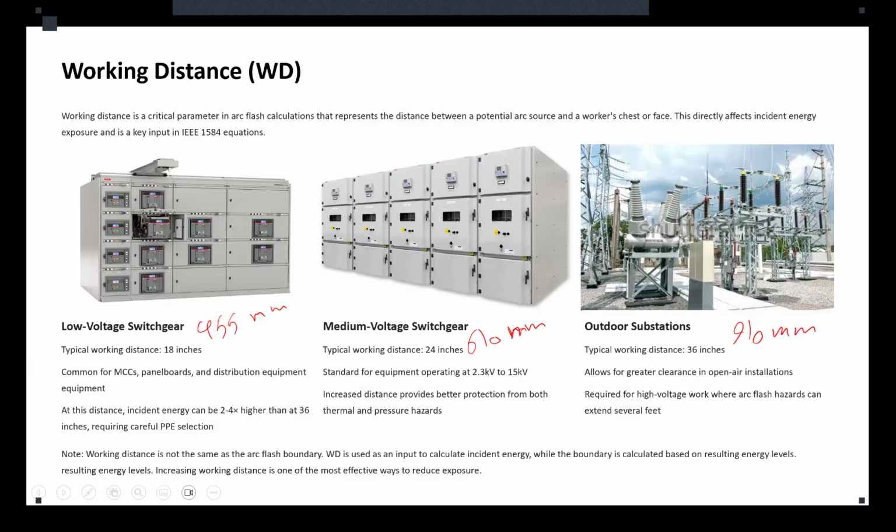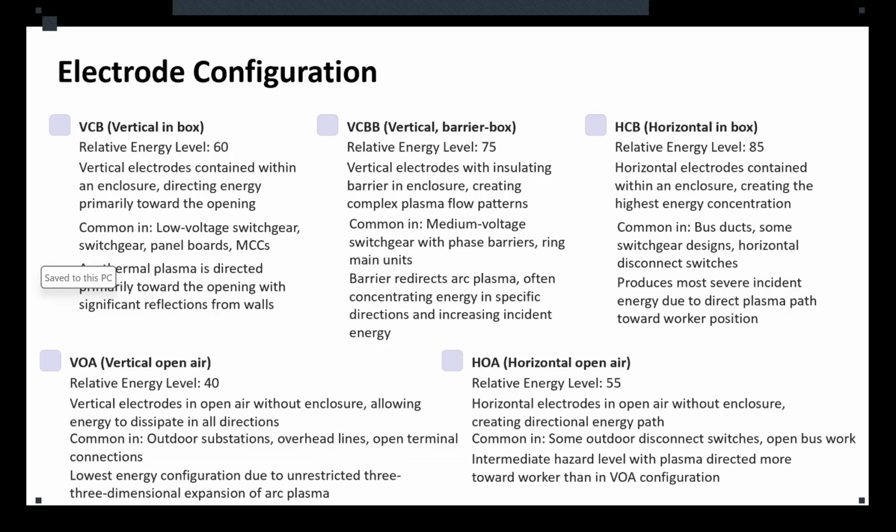Now, we said we have several electrode configurations that could affect the arc flash risk modeling. This is the physical arrangement of the conductors during the arc incident.